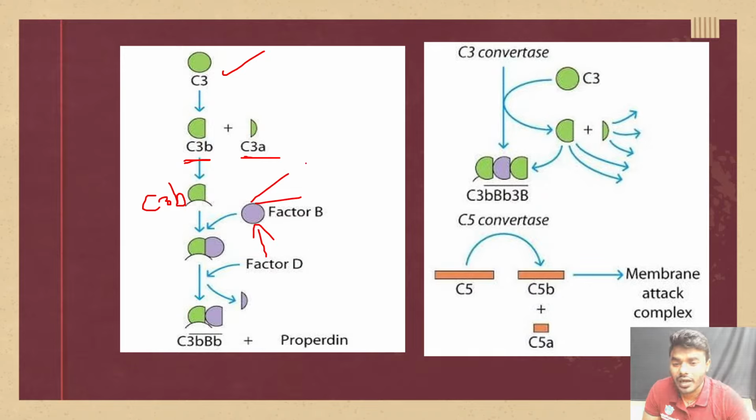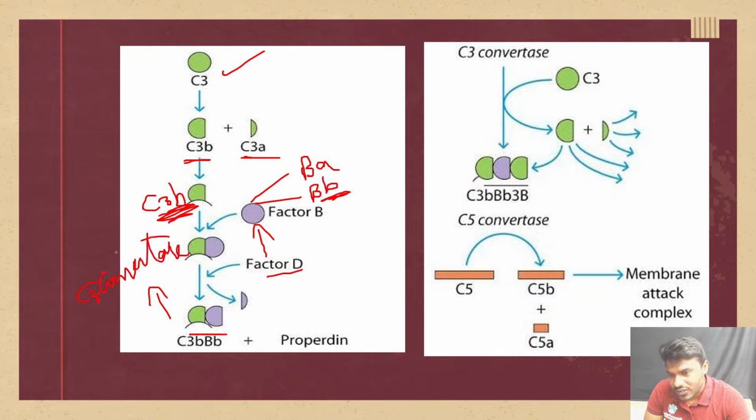Factor B is broken down by a factor D into BA and BB. Very simple point. Now complement 3B is associated with BB. Now this entire complex we will be calling C3 convertase. If this C3BB complex wants to become stable, it compulsorily requires properdin. A very simple point.